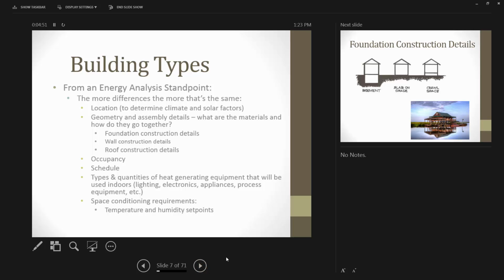And one of the biggest ones is climate zones, and we did talk about the different Department of Energy climate zones.